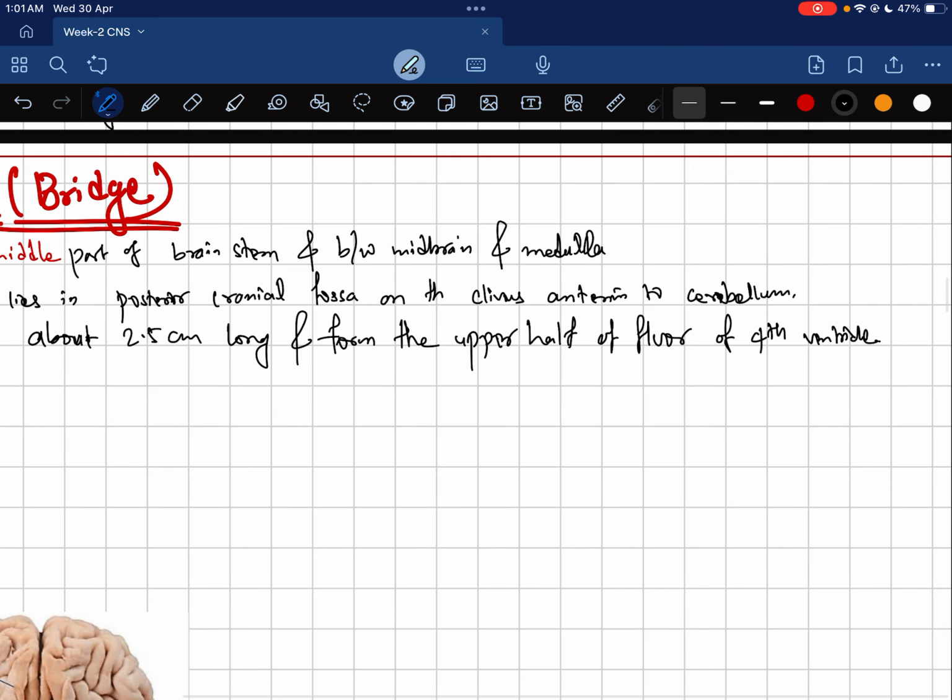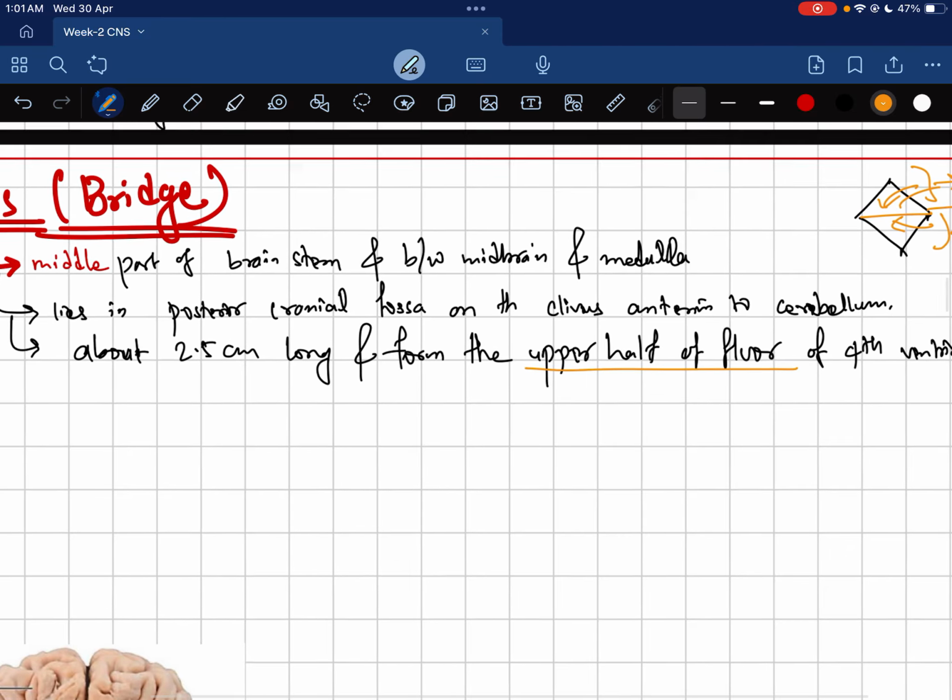Like we initially discussed, in the medulla, this is the fourth ventricle, and the floor is formed inferiorly by the medulla and superiorly by the pons, so the upper half is formed by the pons.